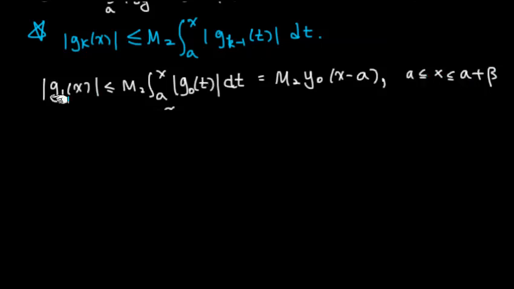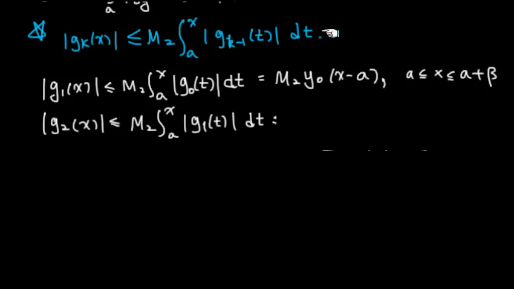So we have g1 bounded by this function, and we're going to use this to calculate the upper bound of g2. That recursive relation gives you g2 less than or equal to m2 times the integral of g1. Then we replace that absolute value of g1 by this upper bound and get a very specific upper bound, which is this one.